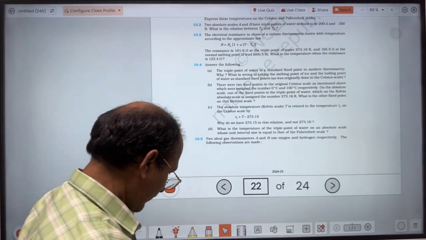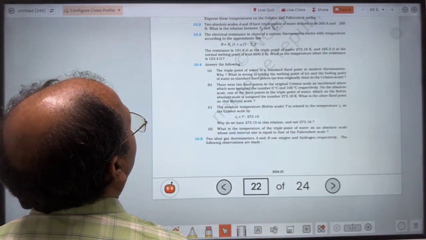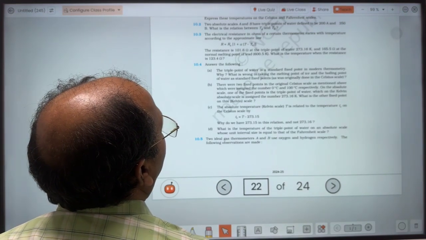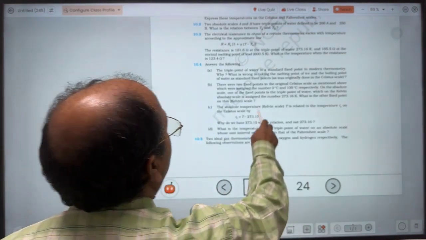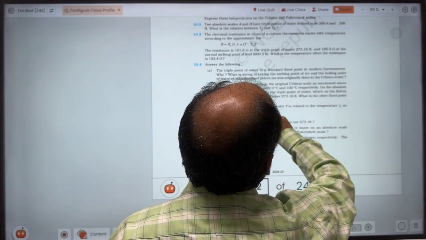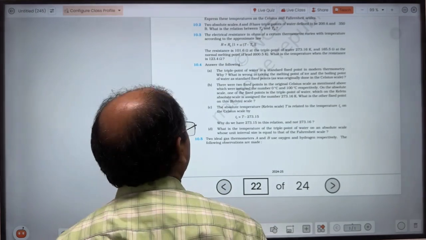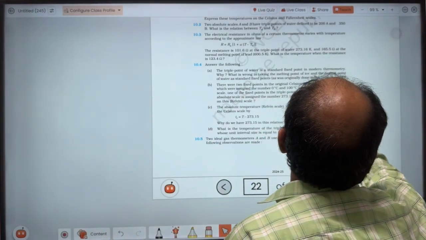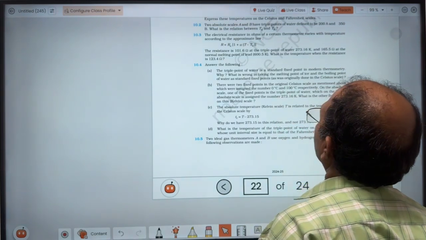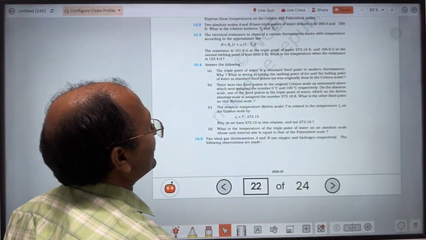And what is the next question? There were two fixed points in the original Celsius scale as mentioned above, which were assigned the numbers 0 degree centigrade and 100 degree centigrade respectively. As I have told you, one is the lower fixed point and the other is the upper fixed point. On the absolute scale, one of the fixed points is the triple point of water, which on the Kelvin absolute scale is assigned the number 273.16 Kelvin.